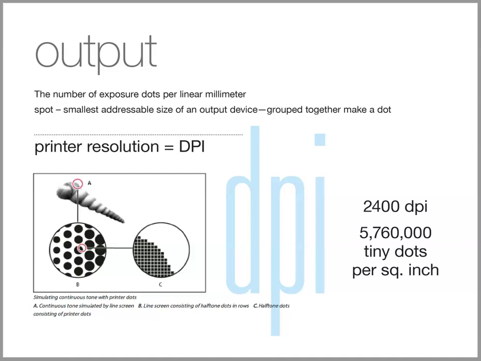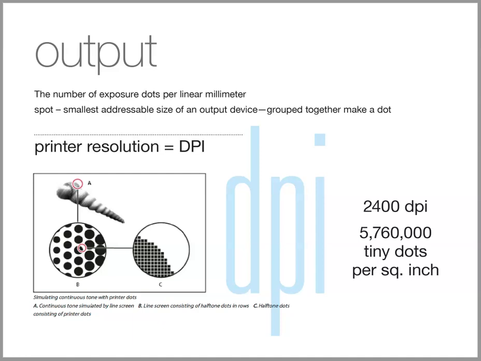Printer resolution is measured in dots per inch. How many dots per inch, in both directions, do I have to print? Those dots are not the same as your halftone dots.